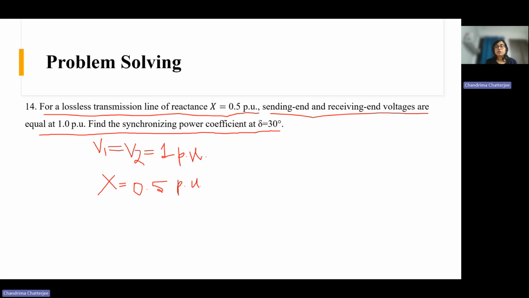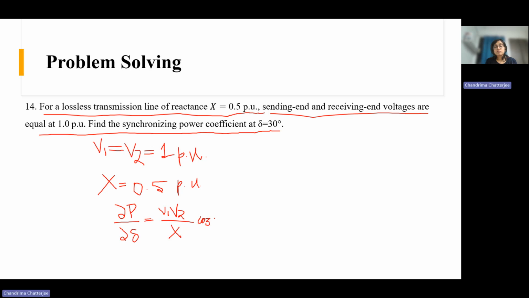So what is the synchronizing power coefficient? They have not mentioned anything about compensation, so we will consider the case of an uncompensated line. And what is the synchronizing power coefficient for an uncompensated line? Del P by del delta is equal to V1 V2 by X cos delta.